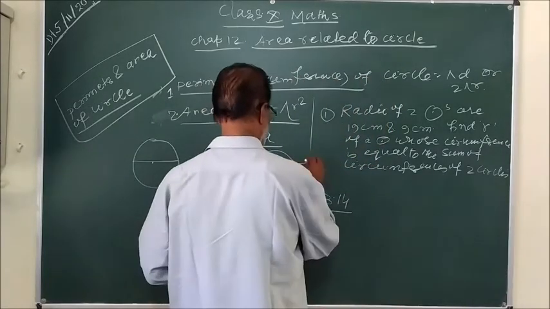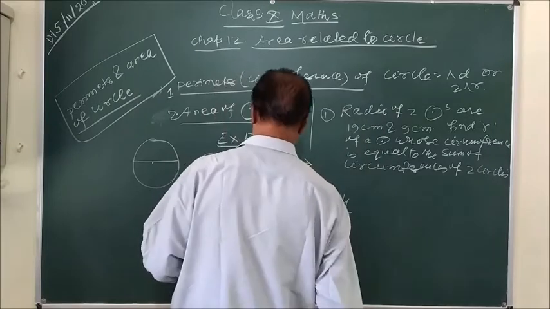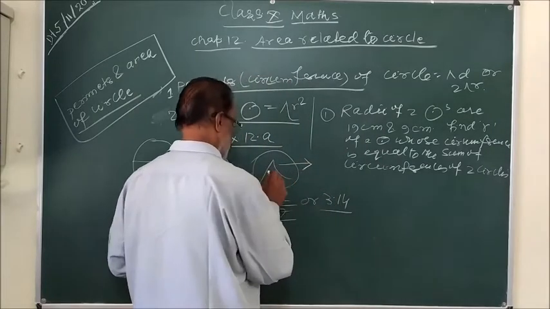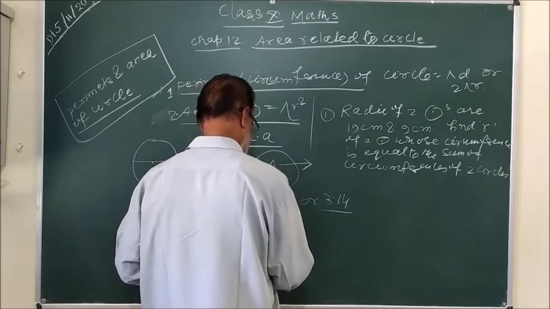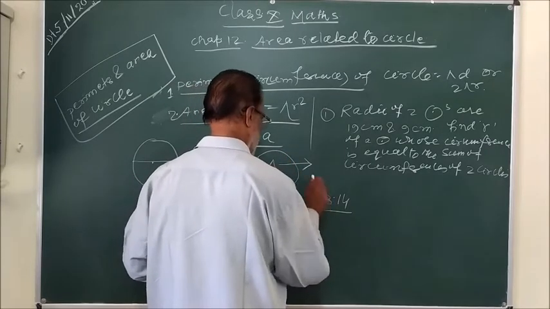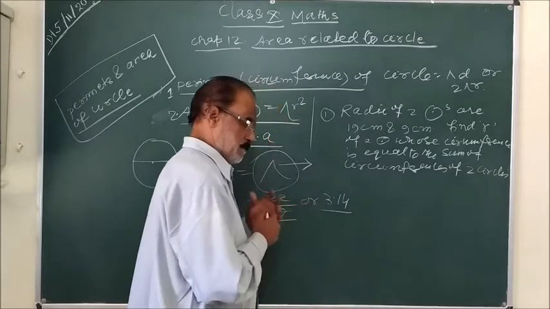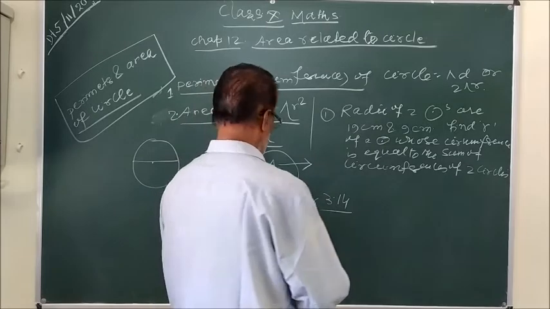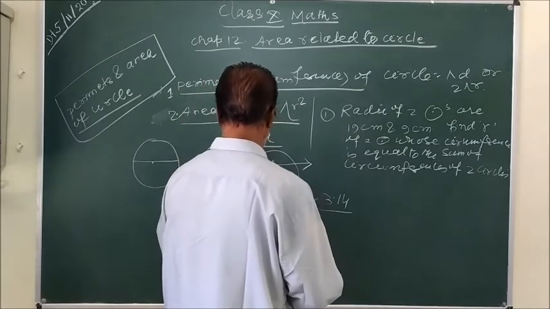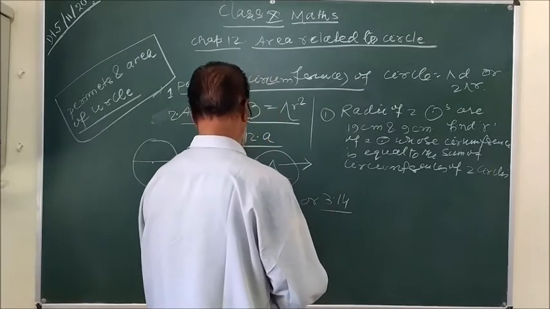This constant is denoted by the mathematical symbol pi. The value of pi is taken as 22 by 7 or 3.14, but this is not the accurate value. These are the near about values of pi.